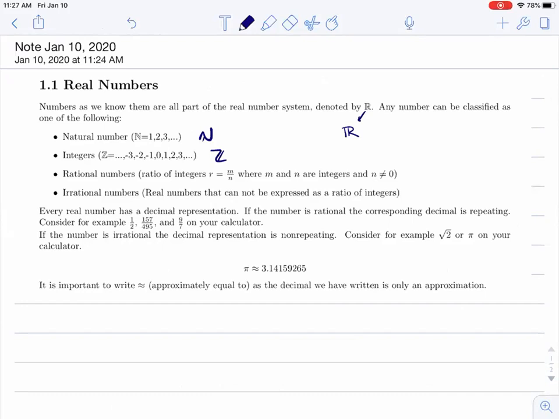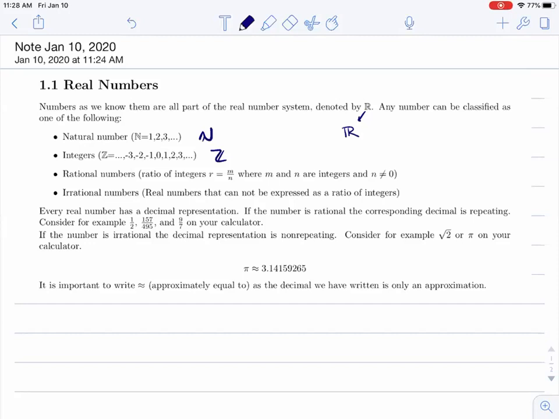So the natural numbers, I just remember it as, if I had to start counting right now, naturally I would start at 1, 2, 3, 4, 5, 6, 7, 8, 9, 10. I don't go 1, 1.5, 2, 2.5, 3, right? I don't do that. So there are some things that we can only do with natural numbers.